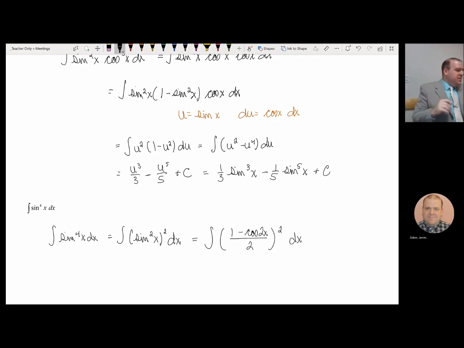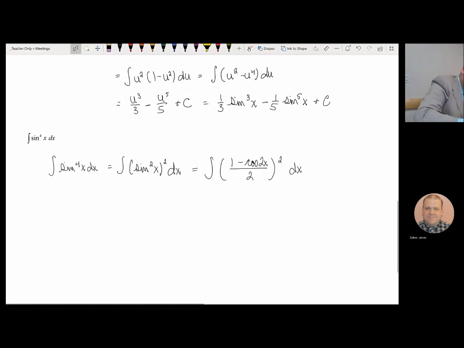Right, so to make life easy, remember the exponent distributes to both numerator and denominator, right? So you can factor out a 1/4. Then we're left with 1 minus cosine of 2x quantity squared, which is a binomial expansion.